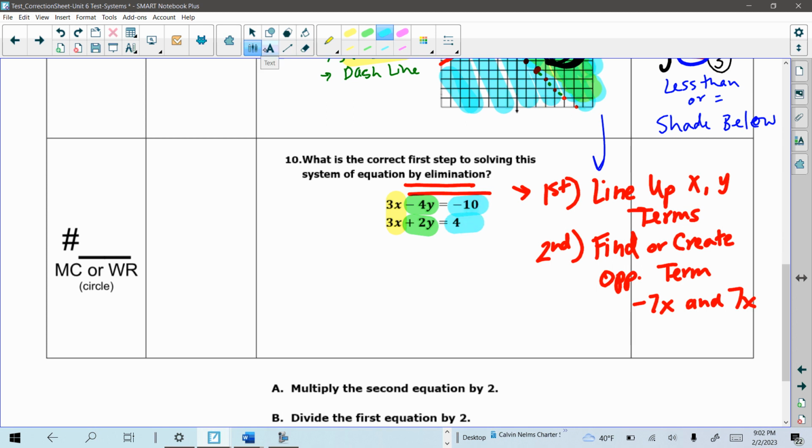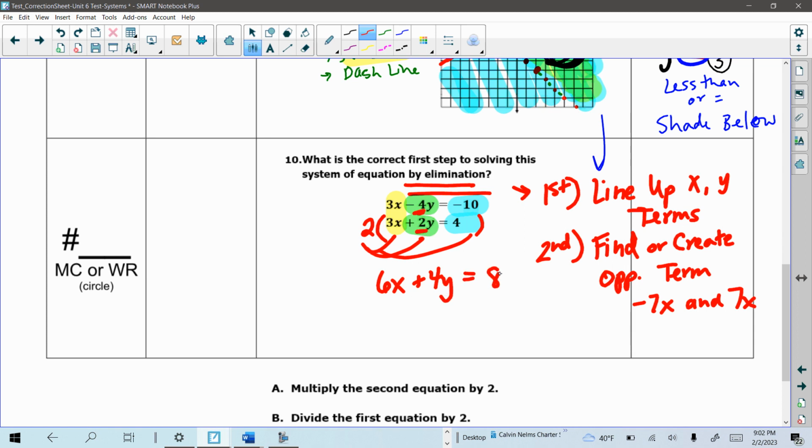The problem of the x terms not being opposite is really based on the fact that the coefficient is a 4 and this is a 2. So I can create this bottom equation to become an opposite by making it have a coefficient of 4 as well. So if I multiply every term by 2, we now would have 6x plus 4y equals 8.